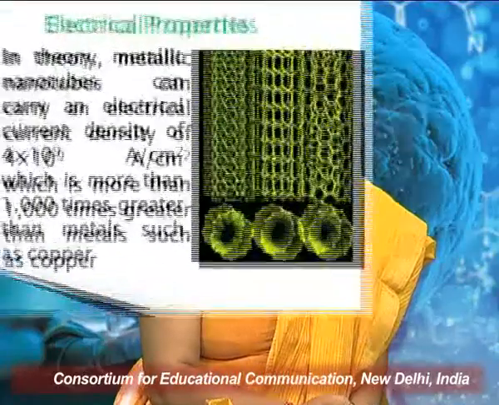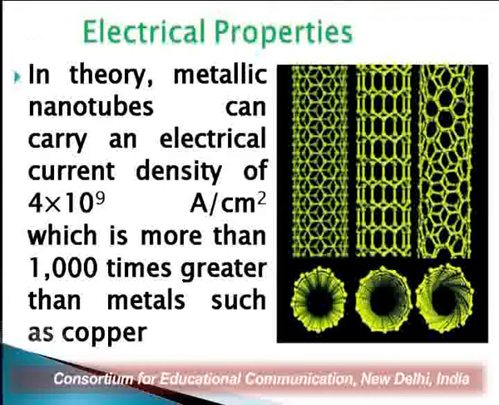In theory, metallic nanotubes can carry an electrical current density of 4 × 10⁹ ampere per centimeter square, which is more than 1000 times greater than metals like copper. It means it can pass more electric current compared to copper.